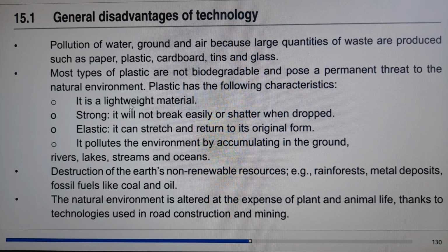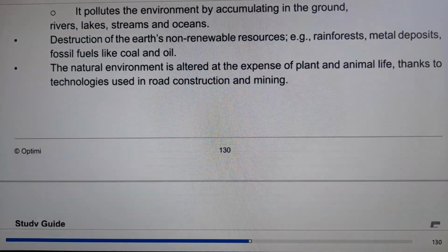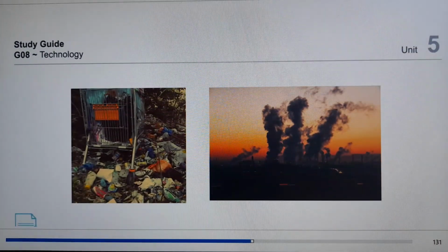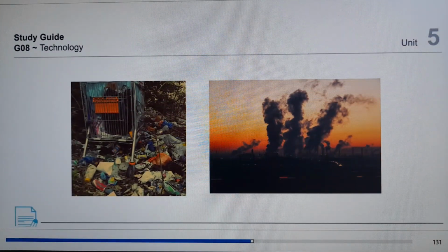Plastics are lightweight, they are strong, they will not break easily, they are elastic, which means they can stretch and return to original form, and plastic pollutes the environment by accumulating in the ground. By that, we have already covered the disadvantages of plastic.